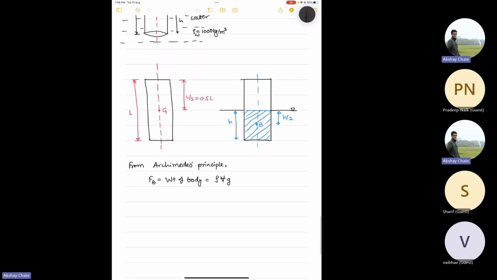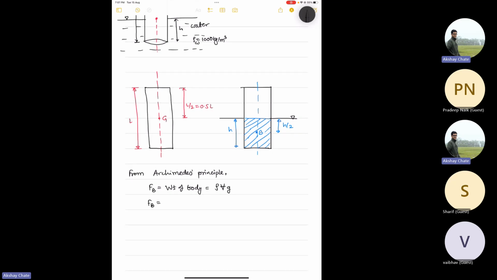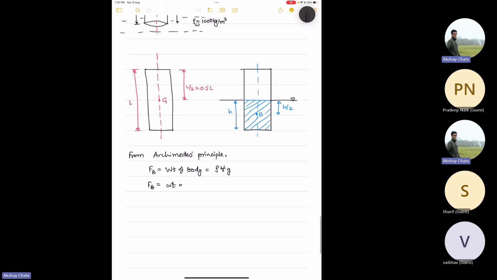And again, this buoyancy force is equal to the weight of the fluid displaced. Here, what is the volume of the body?